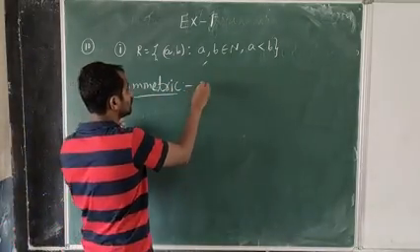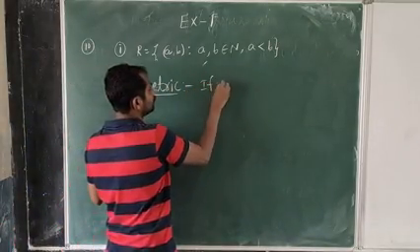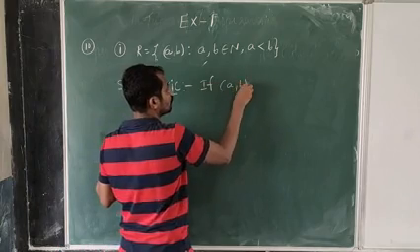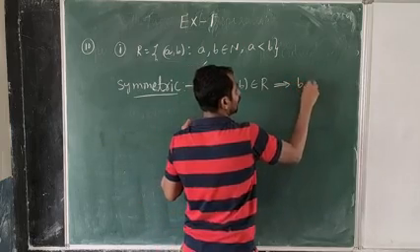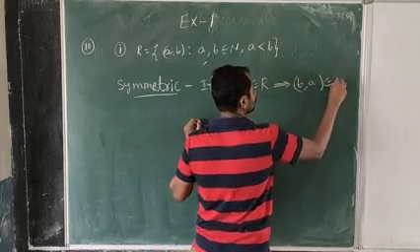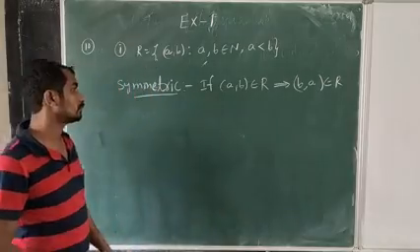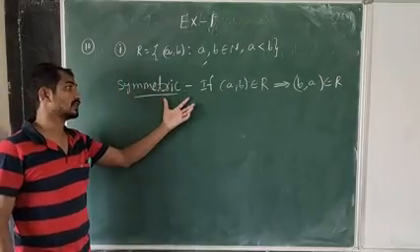For the symmetric condition: if (a, b) belongs to R, then (b, a) also belongs to R. If that condition holds, then it is a symmetric relation.